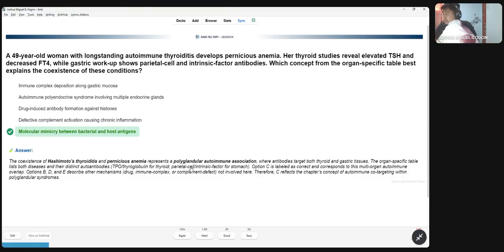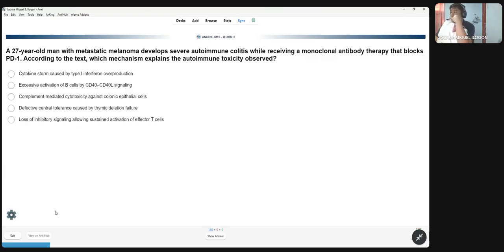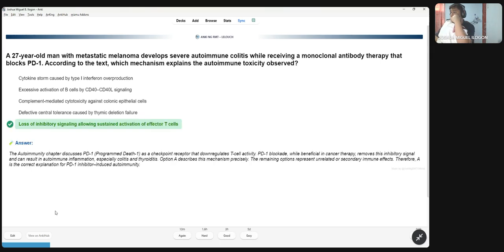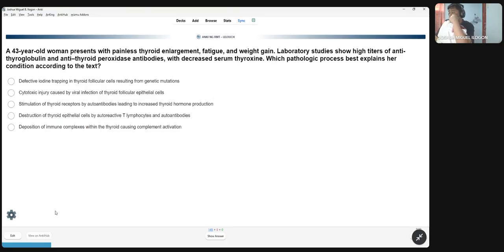So this is not the right answer. It's your A. I've got to change that. Blocks PD-1. Inhibitory signal. Painless thyroid enlargement.